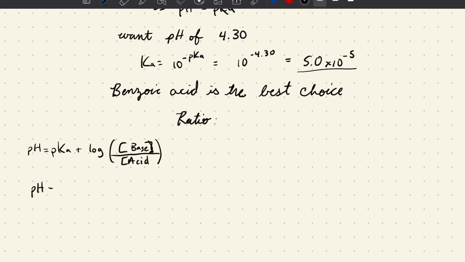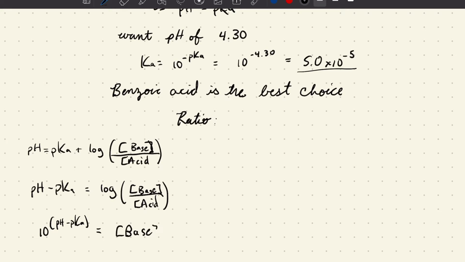So pH minus pKa equals log concentration of base over concentration of acid. Then I'm going to anti-log both sides. So 10 to the pH minus pKa equals concentration of base over concentration of acid.